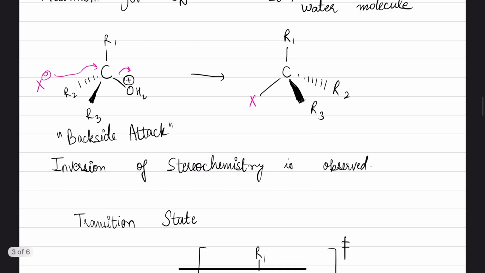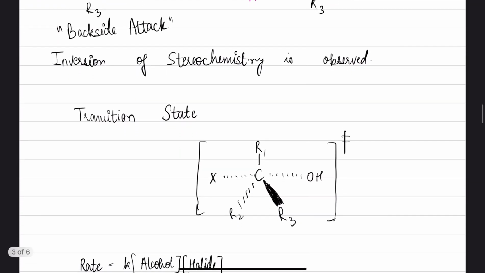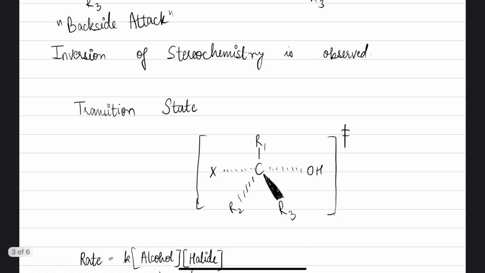Now what's interesting is that there is inversion in stereochemistry. The group which was on the front side of the molecule now becomes the back side, while the back side becomes the front side. We can talk about it in the transition state.